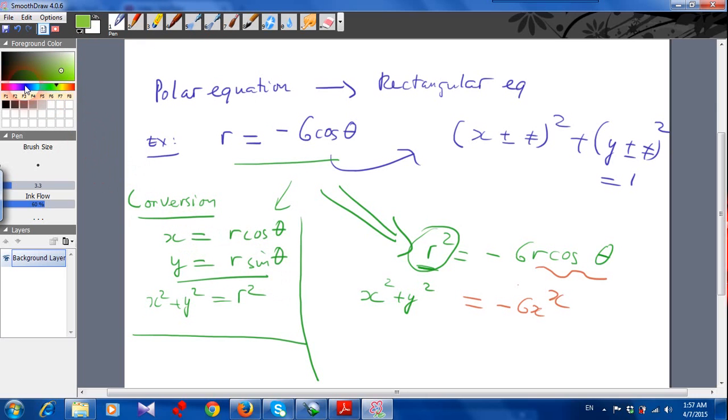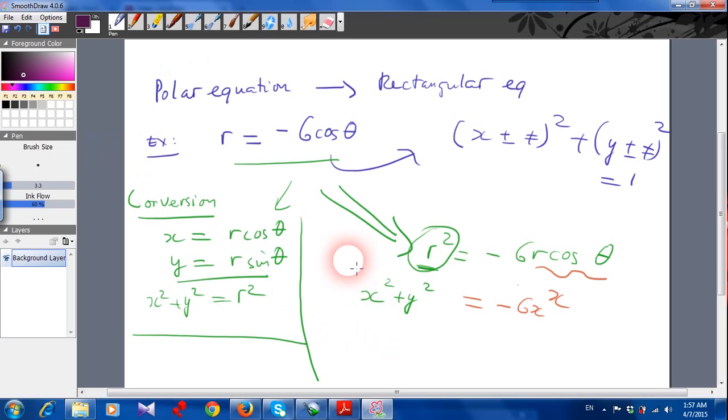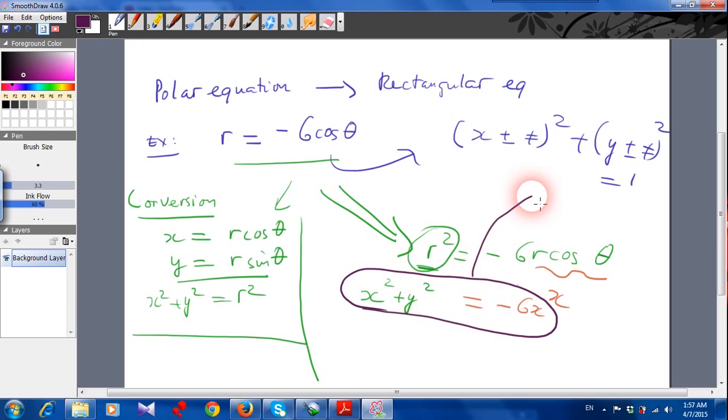So last thing, we have this one, and we change to this form: x² + 6x + y² = 0.